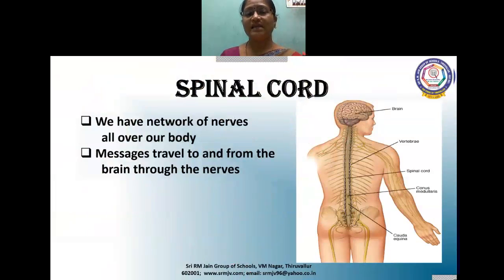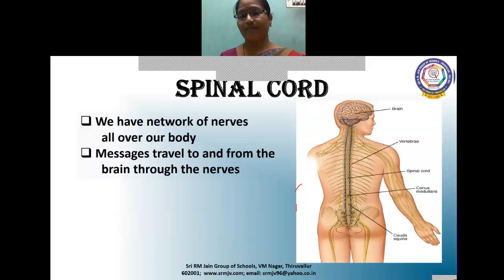Now let us see about the next organ. Can you guess, children? It decides what to do and quickly tells the body part. For example, you drop a hot object even before you feel the pain of a burnt hand.